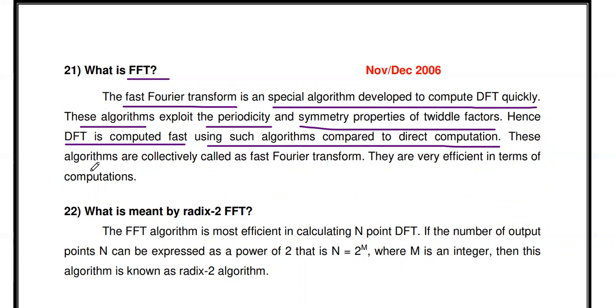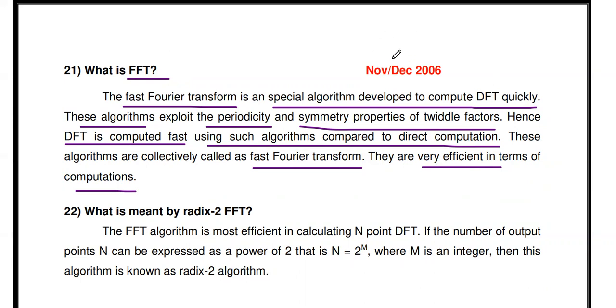Okay, so these algorithms are collectively called the fast Fourier transform, and they are very efficient in terms of computation. Why is this efficient? If you want to find some 8-point DFT, in the direct evaluation method the number of multiplications needed is N squared.